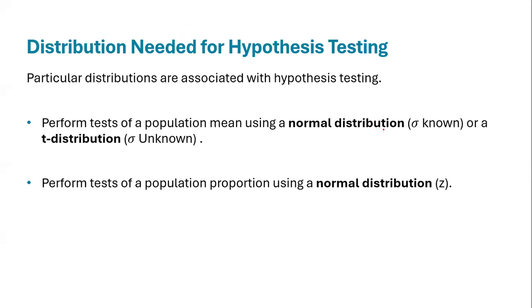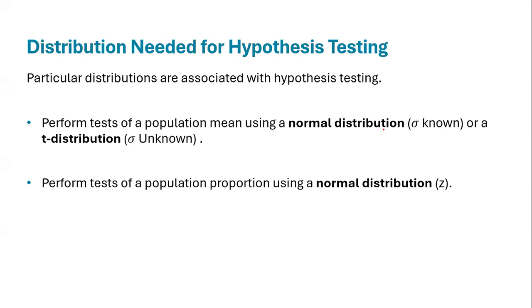after writing the null and alternative hypotheses, we need to know what type of test we are going to use. We will have two types of tests this semester, the z-test or t-test.